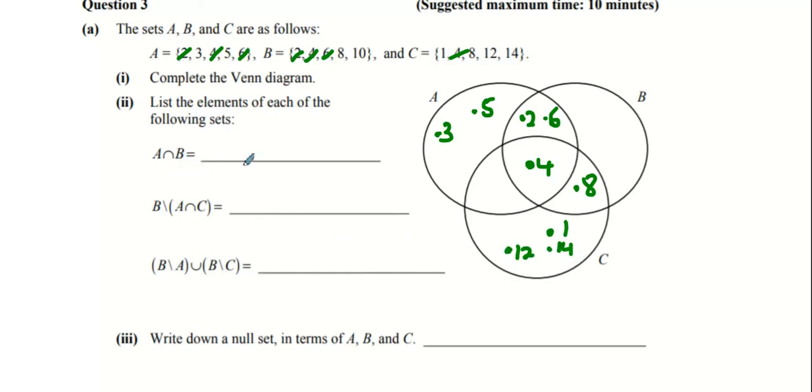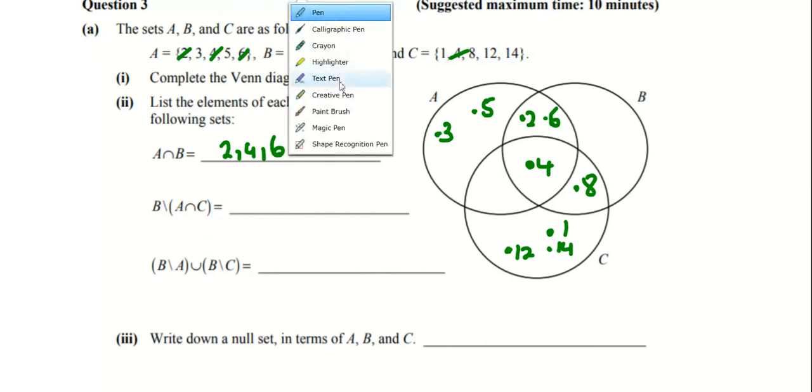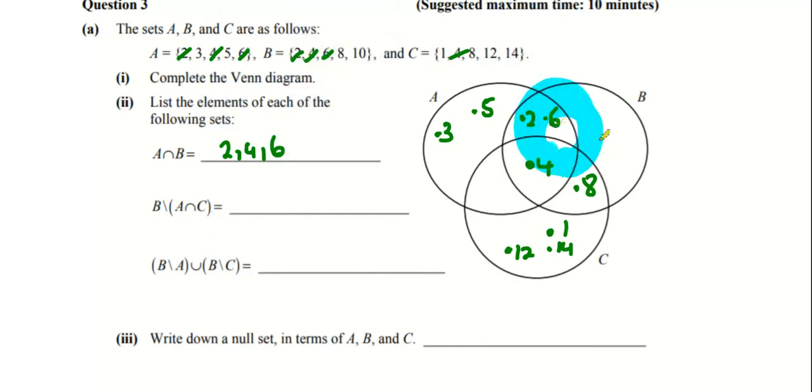Okay, what is A intersection B? Well, that's 2, 4, and 6. Everything that's in both of them. Okay. Next one. Everything in B that's not in A intersection C. So everything in B is all this. Also, I keep forgetting that B also has the number 10 here.